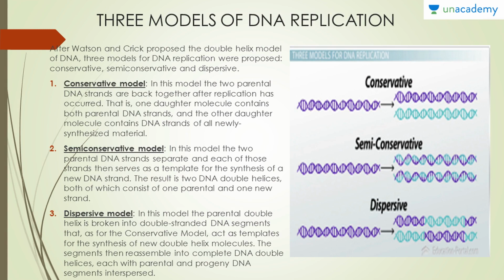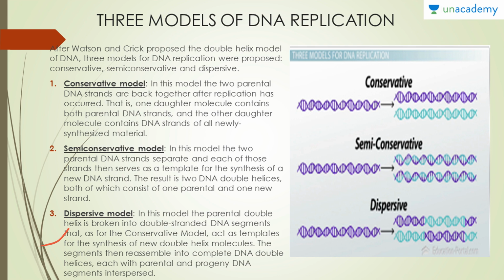Now coming to the three models of DNA replication which were earlier proposed. After Watson and Crick proposed the double helix model of DNA, three models for DNA replication were proposed. And what are those three models? Conservative model, semi-conservative model, and dispersive model. Conservative model: in this model, the two parental DNA strands come back together after replication has occurred.